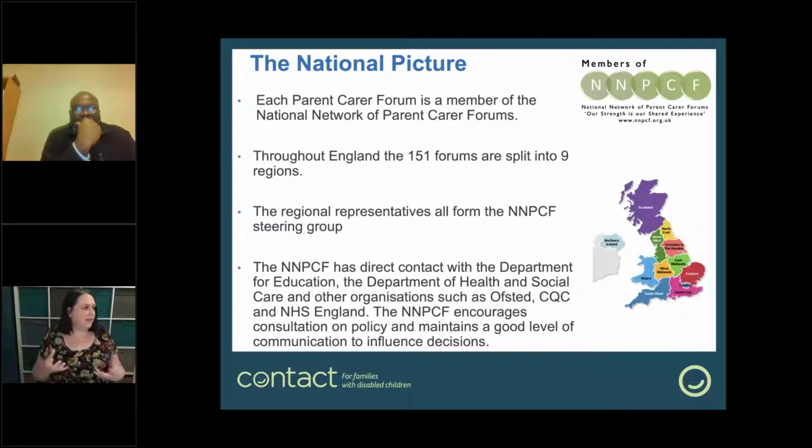And I mentioned earlier, there are some things that as a local forum, we can't change. For example, if we talk about transport policies, our local authority has to stick to the law of what the transport regulations are. We can't change that locally. However, by collecting the intelligence across all of those 151 forums through the regional into the national, we can start saying this isn't working for our families and this needs to change.